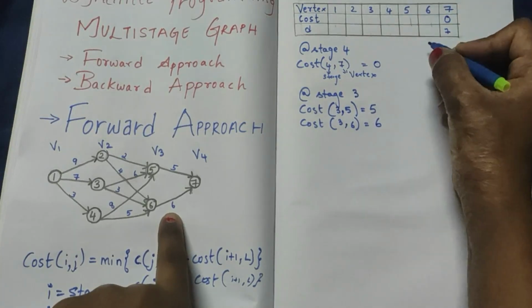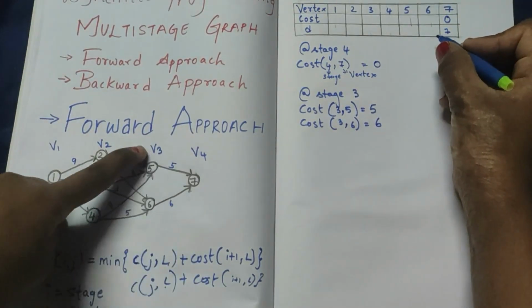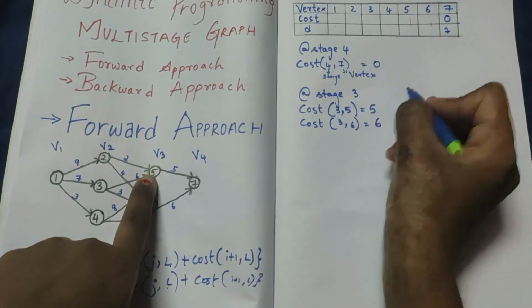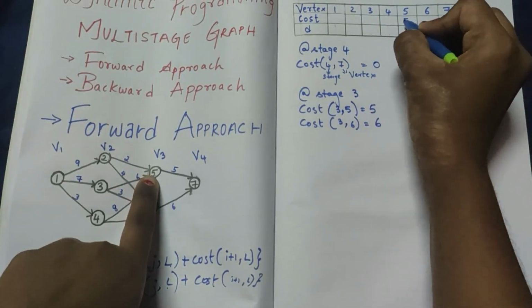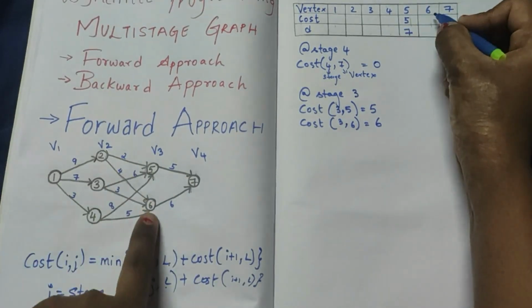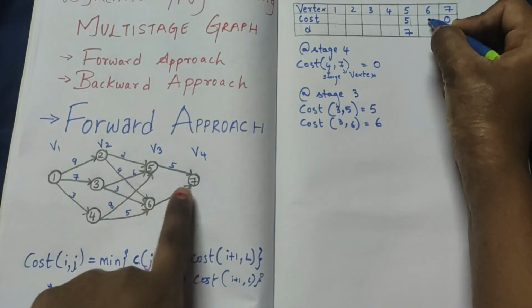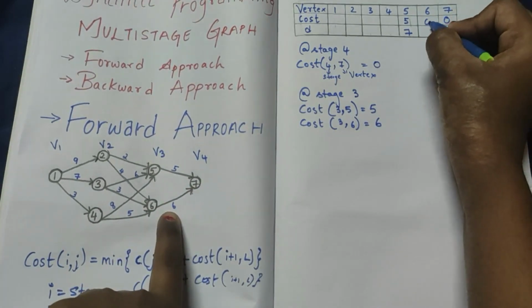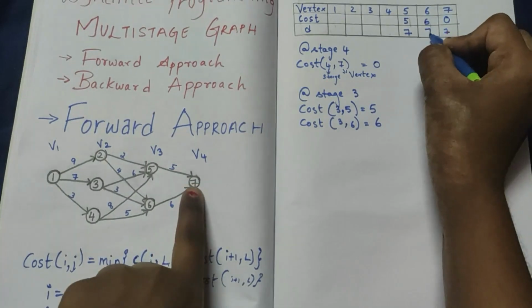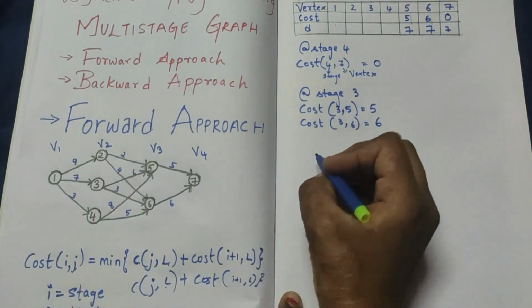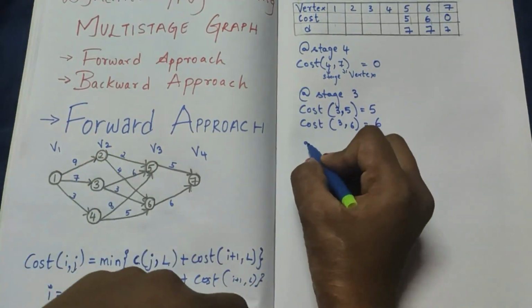So we need to update the table that for stage 3 vertex 5, the cost is 5 to reach 7. Stage 3 vertex 6: to reach 7, what is the cost? The cost is 6 to reach 7. So this is stage 4 and stage 3. Now we'll go to stage 2.